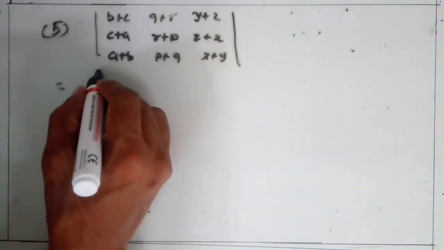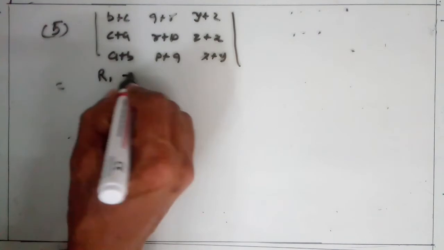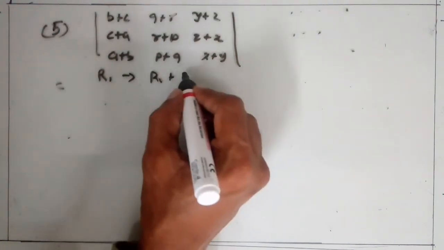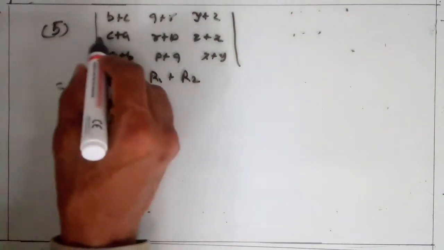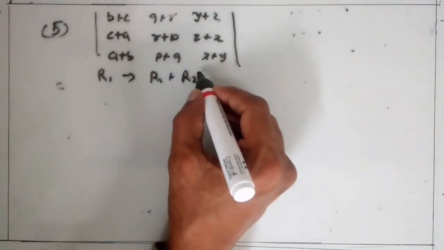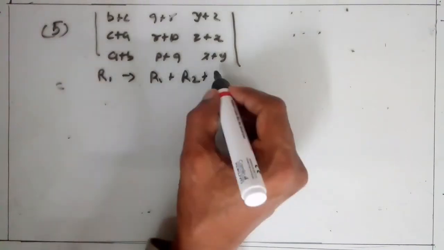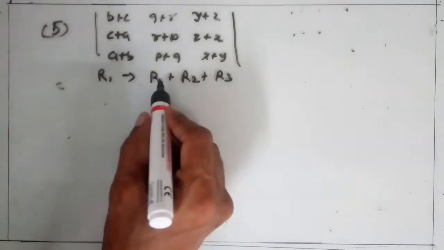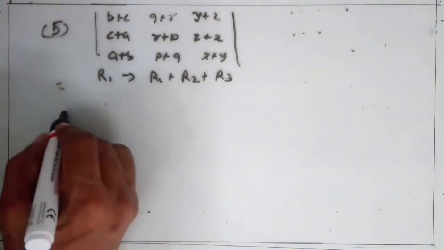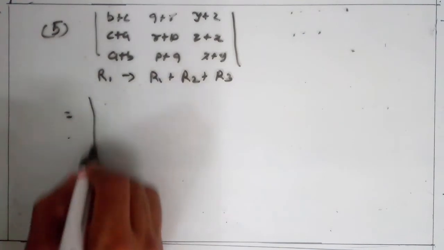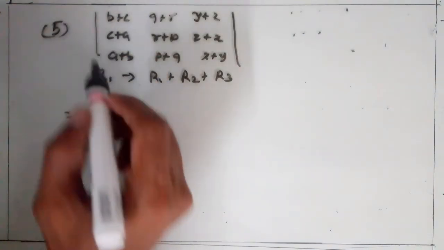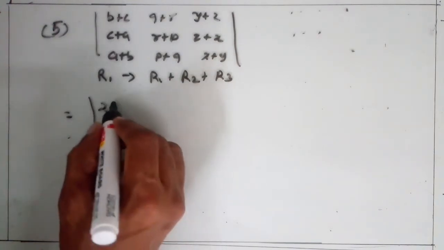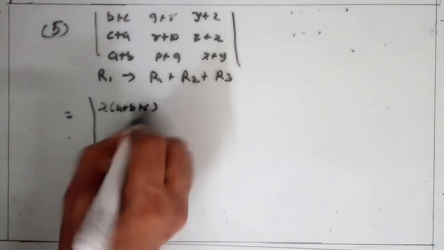multiplying each entry of the second row by 1 and adding in the first, and the third row by 1 and adding in the first. That is R1 implies R1 plus R2 plus R3. Take the addition of each. So it is equal to, remember this, A plus A to A, B plus B to B, C plus C to C. That is, here we get 2 into A plus B plus C. Clear?